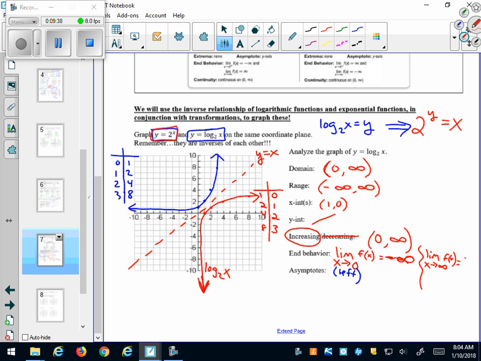Also to infinity. Asymptotes, there's going to be an asymptote only at the vertical at x equals 0.